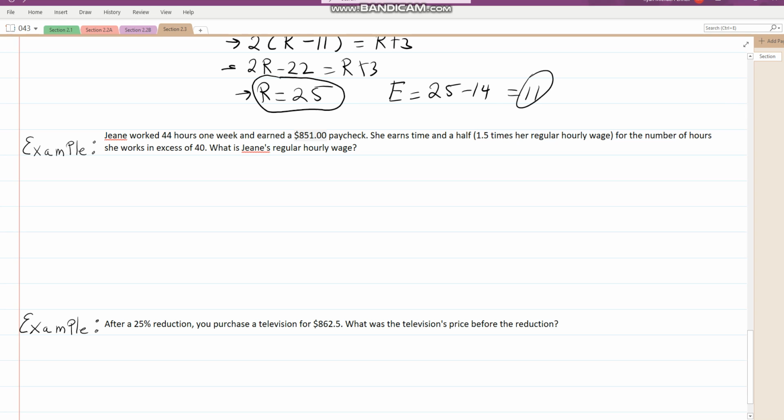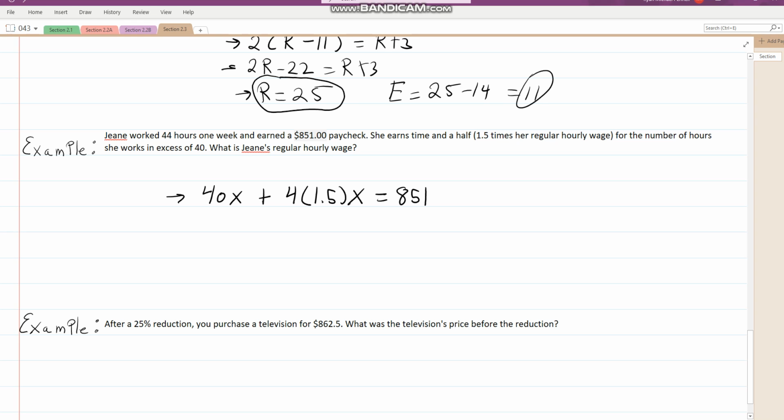So we have 44 hours total, but I know that 40 is the regular wage. For the first 40, it's the regular wage, so I'm going to go 40x. And then it's the extra 4 hours that there's this overtime, this 1.5, and then we have an x here, and that should total $851.